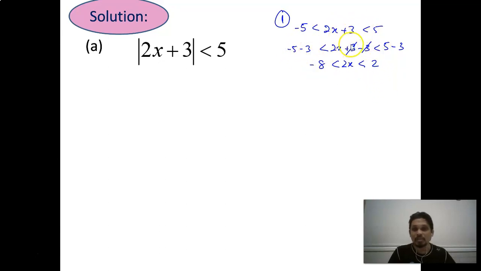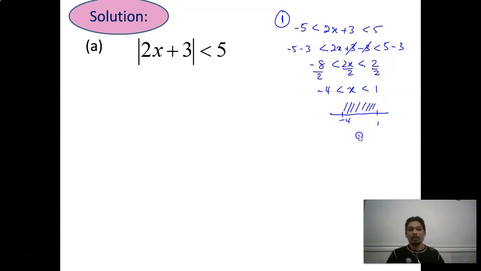Not all the time can we use this, sometimes there are cases that make us confused. But since this is 2x, and 2 is positive, we divide by 2 here. Dividing by positive values won't change the sign. So dividing by 2, x greater than 2 divided by 2 equals 1, and negative 8 divided by 2 is negative 4. So x lies in between negative 4 and 1, which is negative 4 until 1.